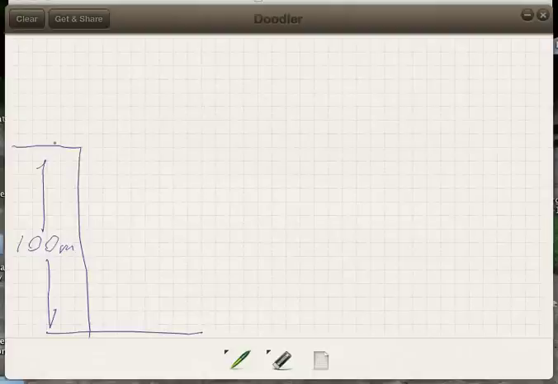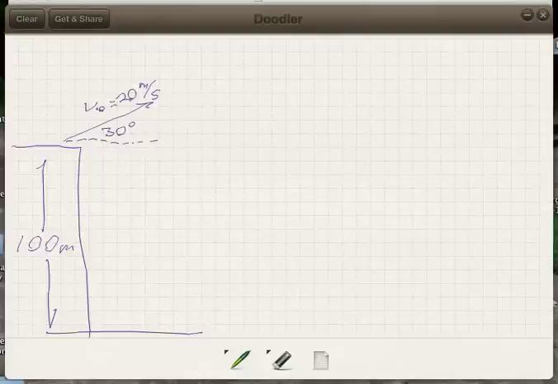And I throw it off a cliff at an angle of 30 degrees with respect to the horizontal at some initial speed v0 equals 20 meters per second.